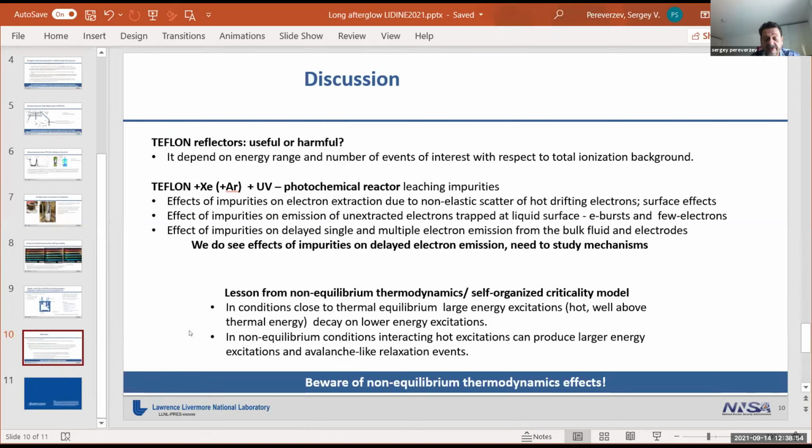So some impurities like oxygen leave Teflon, and then the luminescence is gone. But there were no experiments where xenon or argon was considered as an impurity. There were no experiments with cold Teflon and argon and xenon to look for spectra of delayed luminescence. So far there was no experiment. But of course it's interesting to try, and likely you will see these molecules there, some other products.